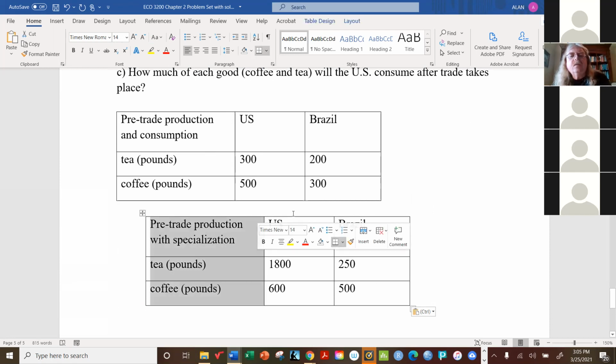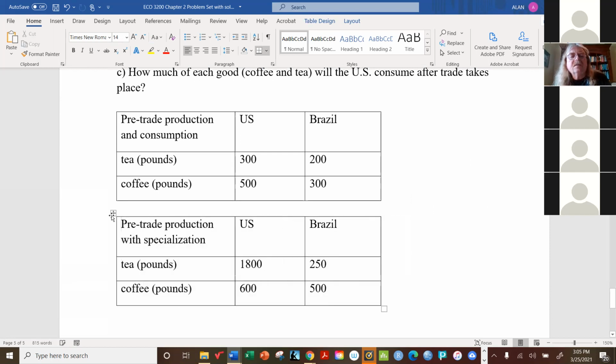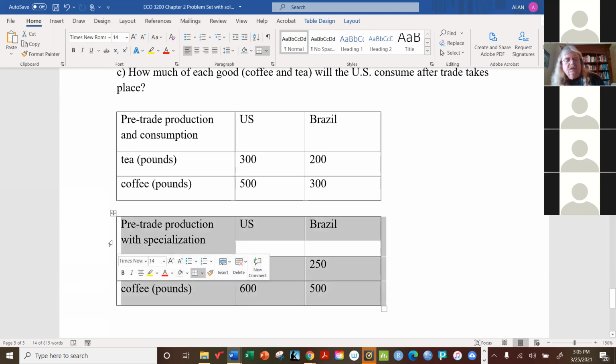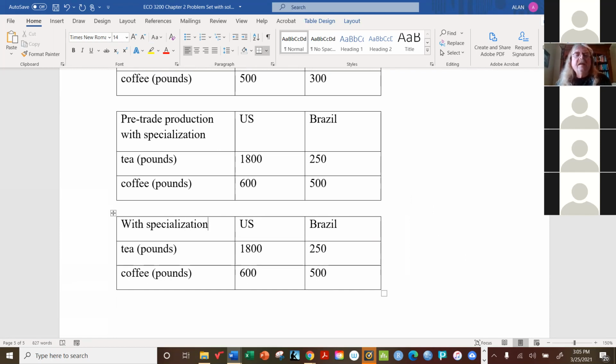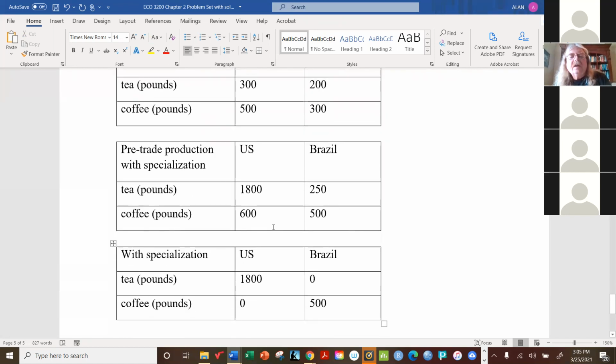So let's just say that we assume that both countries agree to just specialize in one product. So this is with specialization. And that means the US just makes 1,800 teas and Brazil makes 500 coffees. Now, then we agree to trade 300 teas for 300 coffees.